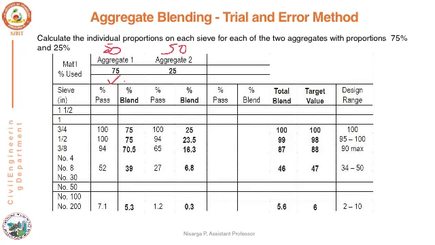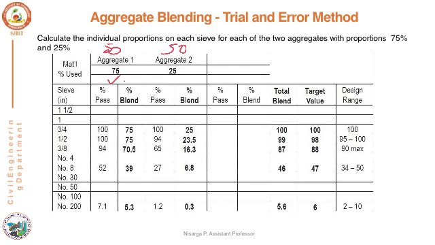Using the trial and error method, we can get satisfactory results, but the major drawback is that it involves a lot of computation. We have to do so many trials to obtain the required gradation. If we have just two or three aggregates, blending with the trial and error method will be easy.